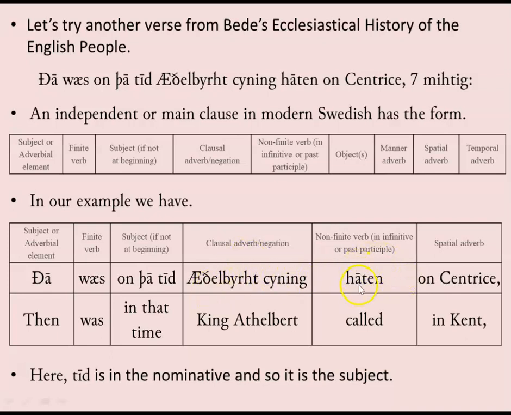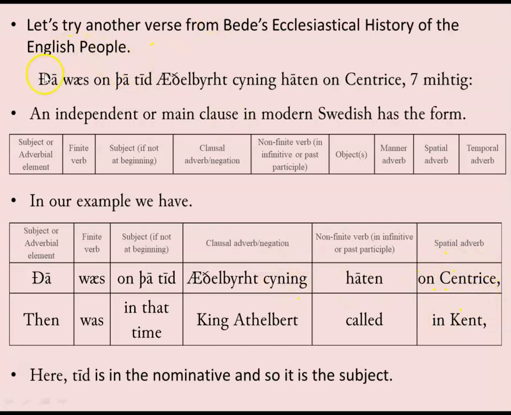And then Harten is the past participle, named, called. This is the past participle of harta, to name. So this is a past participle, and here we have a spatial adverb because it's location, in Kent.